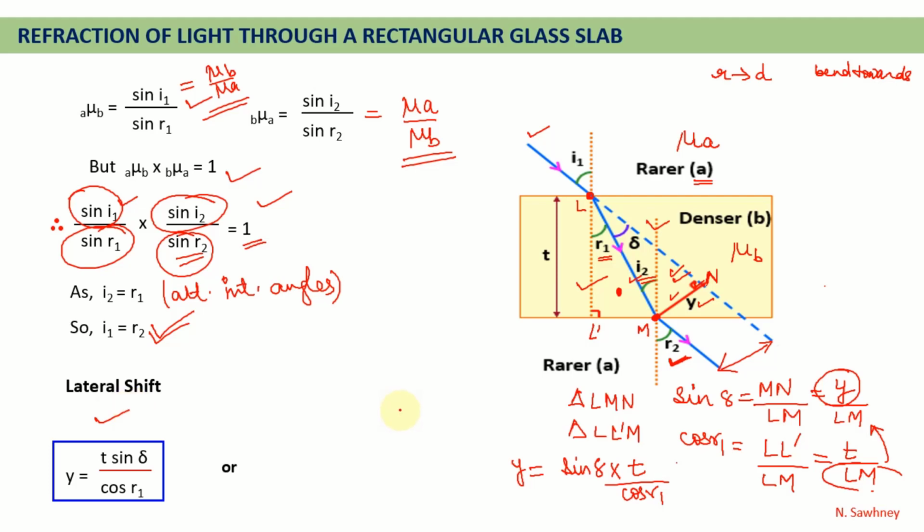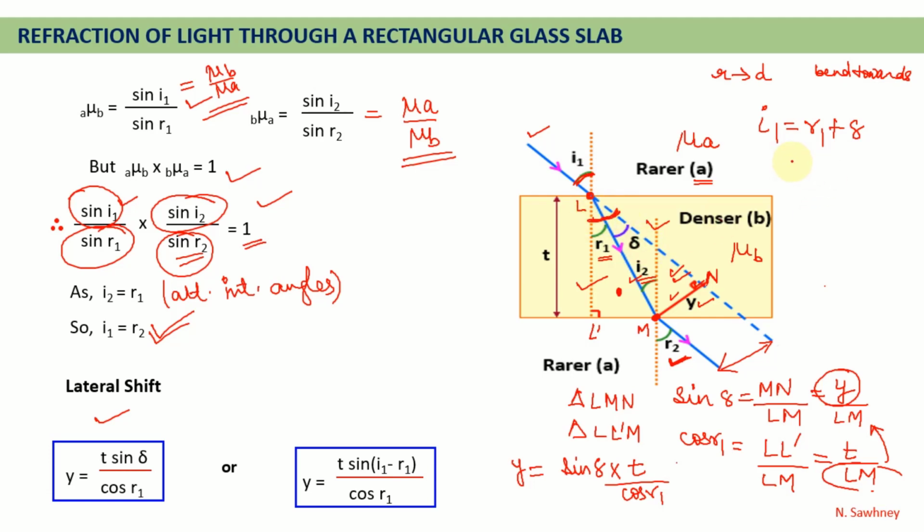or we can even write it in terms of the known parameters, that is delta can be replaced in terms of i1 and r1. See, this is the normal and this is the incident ray. The same incident ray is redrawn with the same direction like this in the denser medium. So we can say that i1 is equal to r1 plus delta, because they are now vertically opposite angles.